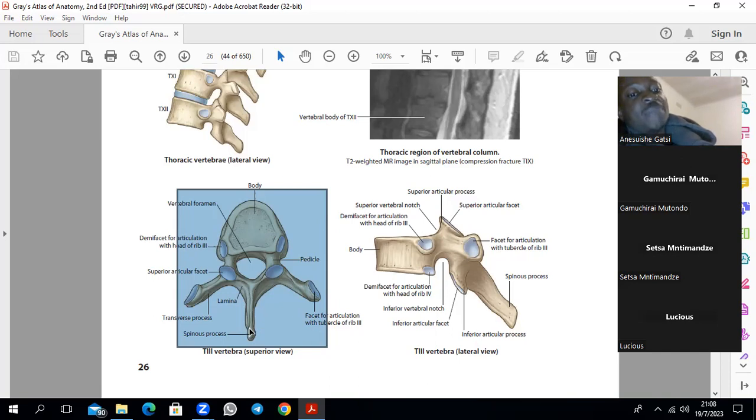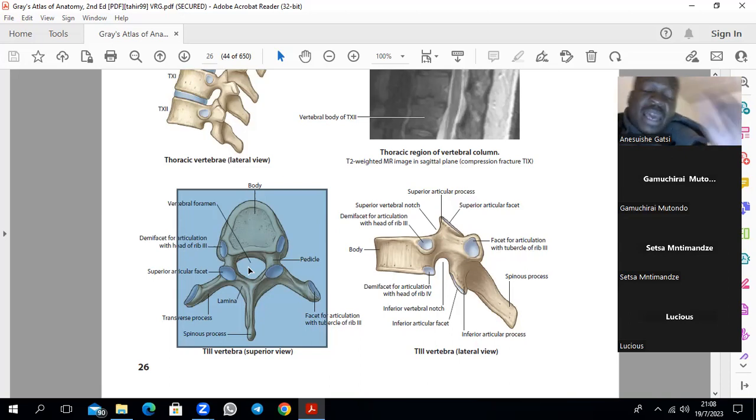Where two lamina meet, I create a spinous process. Notice it's long, versus that for a typical cervical vertebra, which was short and bifid. The vertebral foramen for the thoracic region is small because the spinal cord is thinnest in the thoracic region.